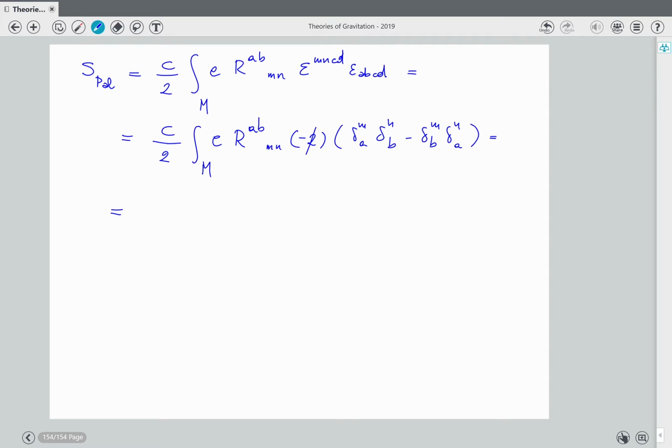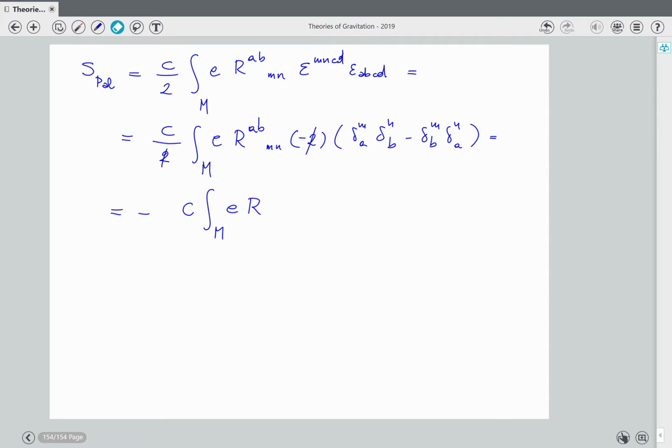And minus 2 and 2 go away, so you have minus C. When you contract A with M, first with third index, you obtain the Ricci tensor, and when you further contract N with B, you obtain the Ricci scalar.